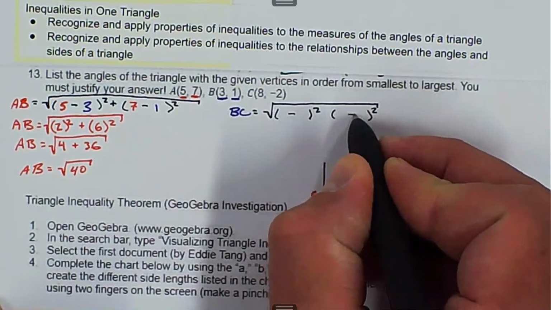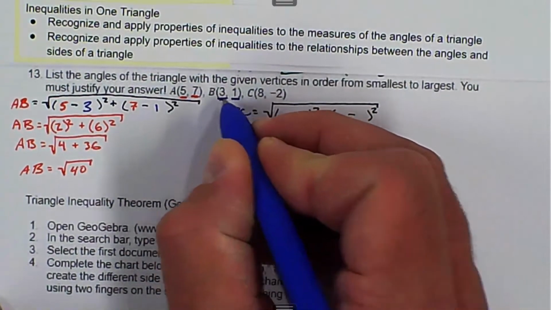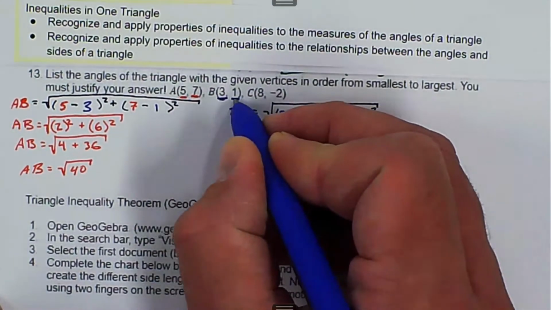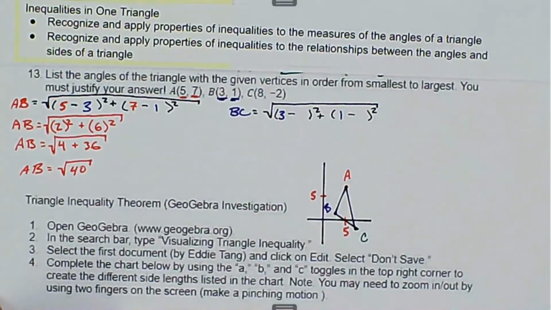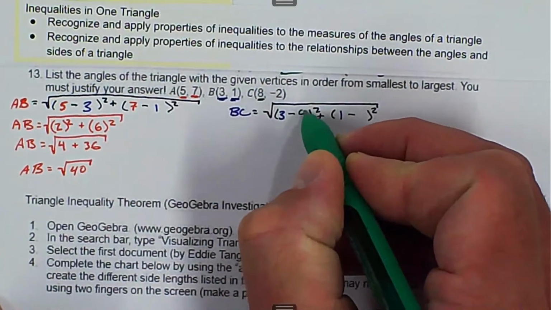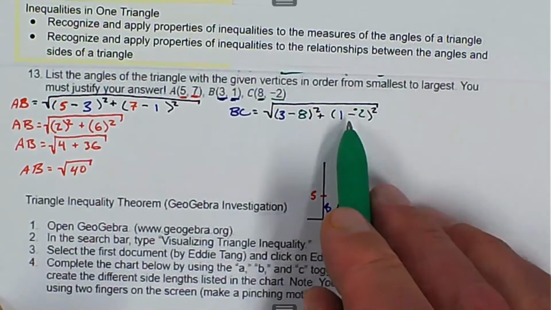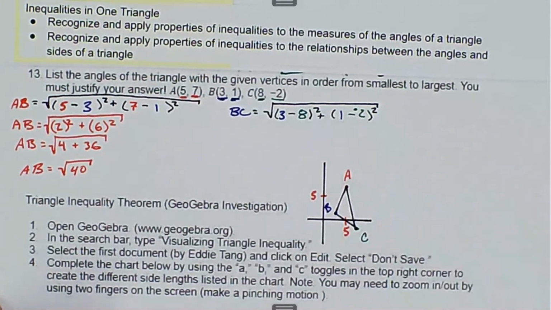So we're going to go minus, minus, plus. Now we just have to put in the points. For B, we have 3 for the X, 1 for the Y. And for C, we have 8 for the X, and -2 for the Y. That's why I put that negative sign in already, to make sure that we get that double negative. Sometimes we forget to do that.